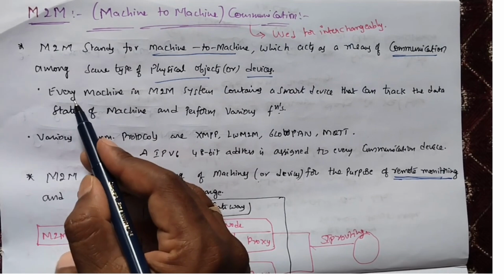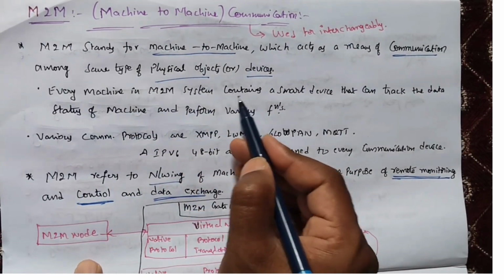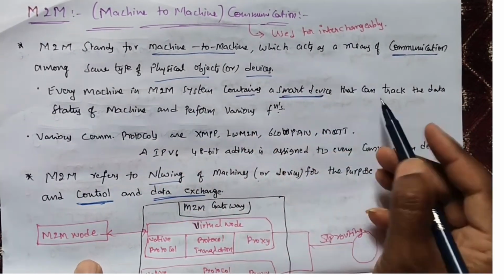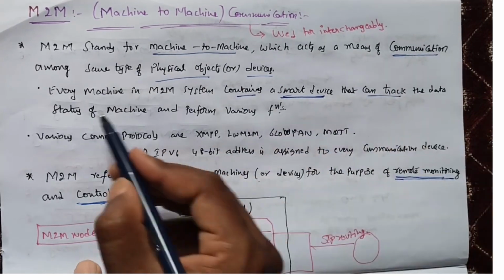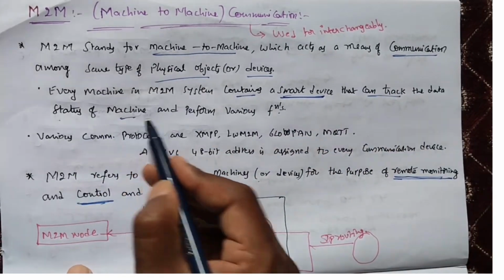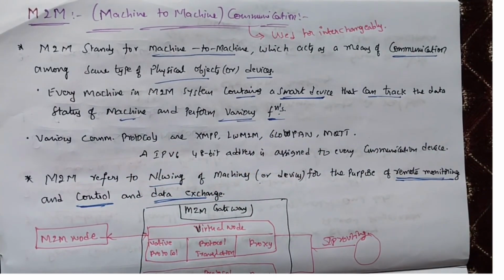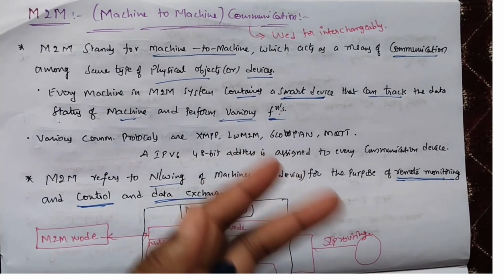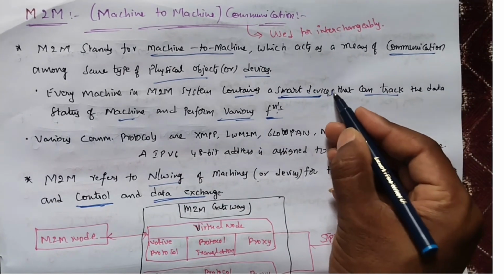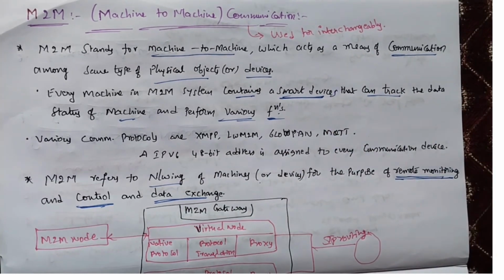Every machine in an M2M system contains a smart device that can track the data or status of the machine and perform various functions.